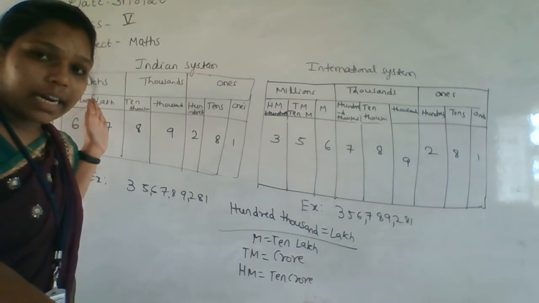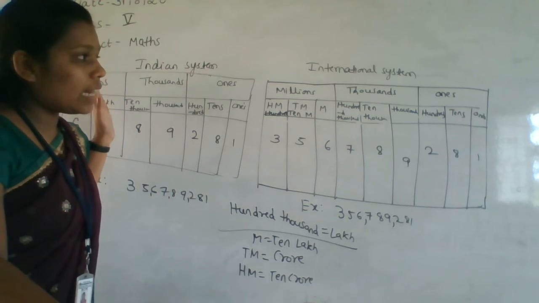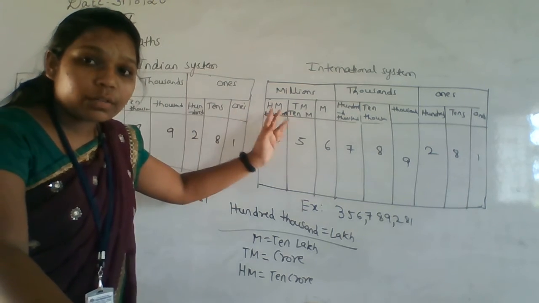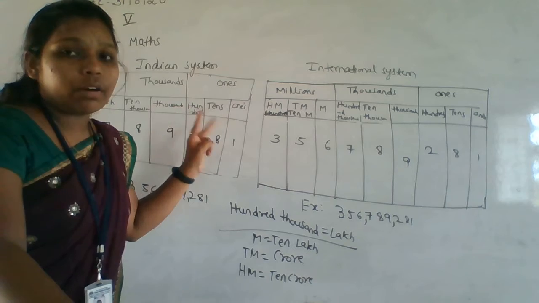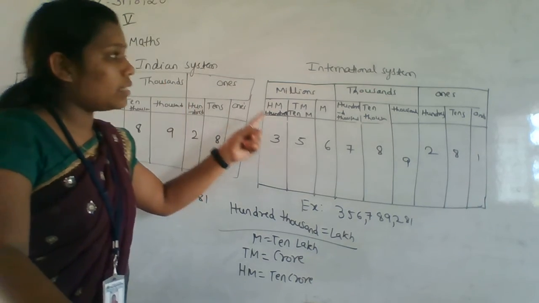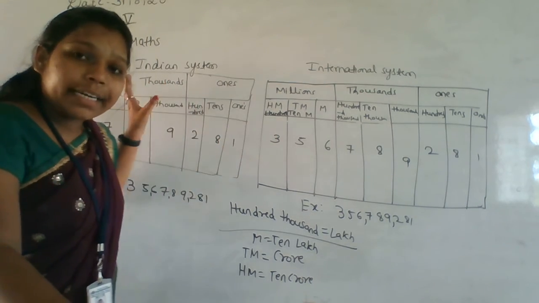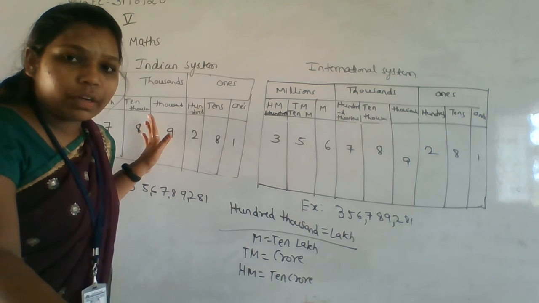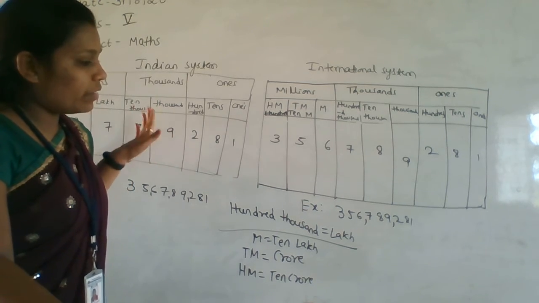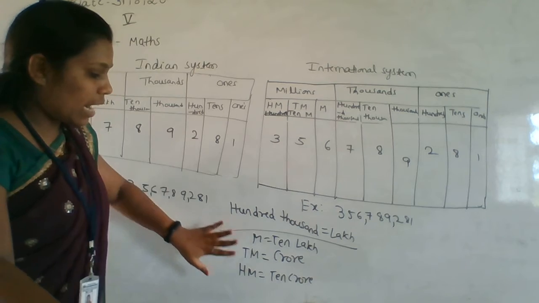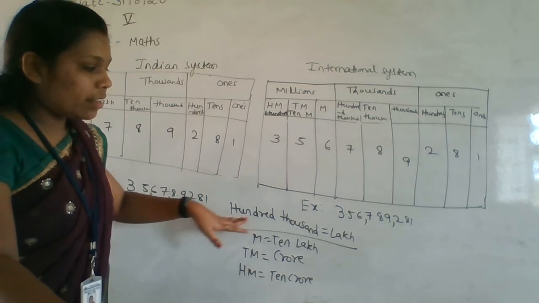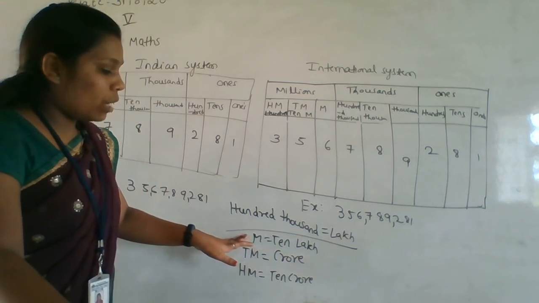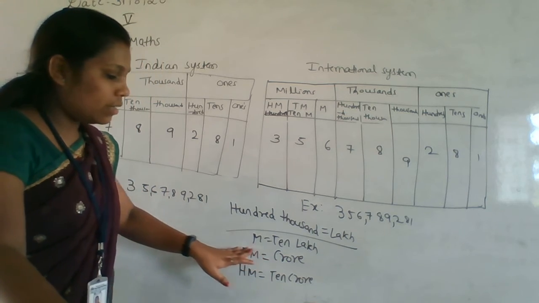This we already studied in our last class only. Still I told you, to get the difference between those two. Okay, what is the difference between the Indian as well as the international? For that I wrote once again the Indian system of numeration. I hope everyone is getting what the difference is. Even I wrote on the board here, 100,000 is equal to 1 lakh, 1 million is equal to 10 lakh, and 10 million is equal to 1 crore.